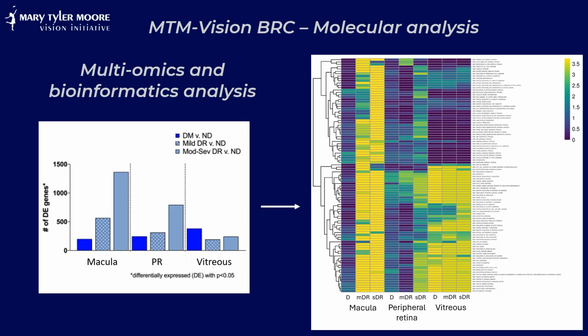On the left-hand side is an overview of the changes of the proteome, whereas on the right-hand side is the type of pathway analysis that we're able to obtain with those samples. That gives us a more detailed view of how each of those different tissues are affected by the disease.